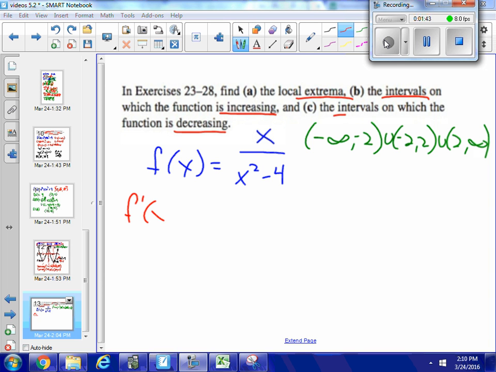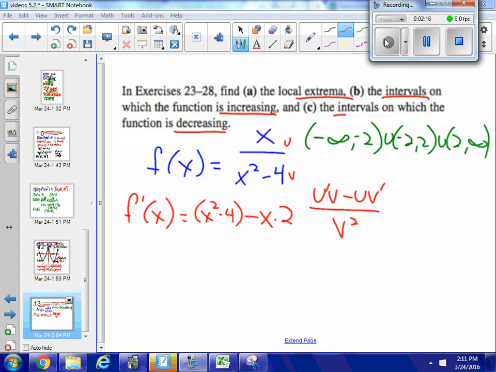F prime of x. Well, I have a quotient here, u and v. I think I'll use my quotient rule, which is u prime v minus u v prime over v squared. So u prime is 1 times v, so that would be x squared minus 4, minus u, which is x, times v prime, which is 2x, and all of that is divided by x squared minus 4 squared, v squared.